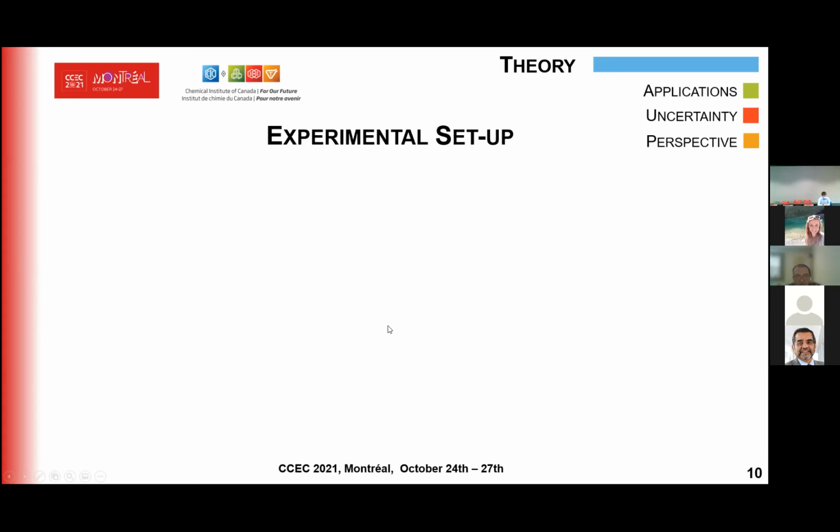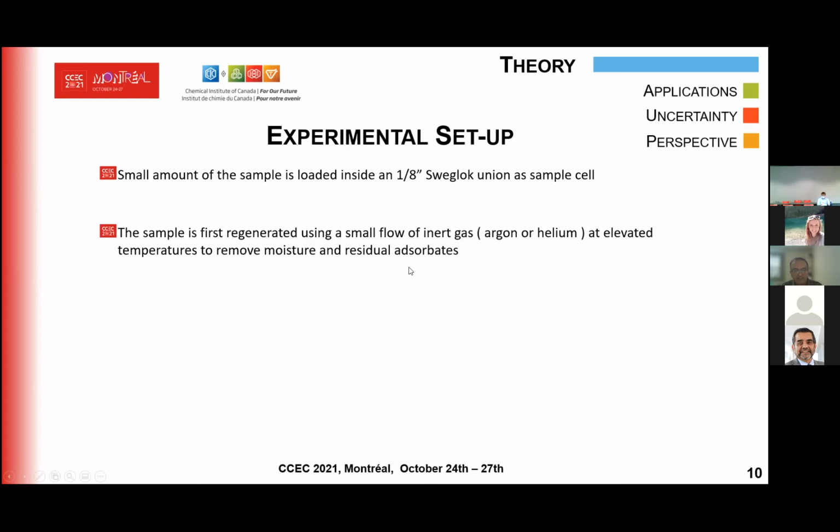Before I show you some curves, I will also show you the experimental setup and what it looks like. A small amount of the sample is loaded inside a Swagelok union, which serves as a sample cell.